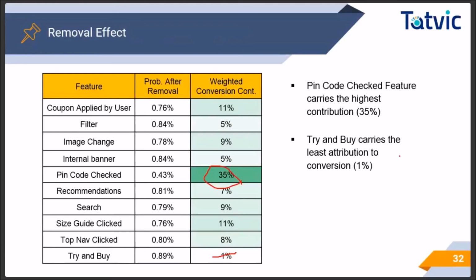If the buy function actually fails at the offline visit, then they're actually losing money on that, right? So if I'm a product manager, I would not be much concerned about the try and buy feature, because I might lose only 1% of the conversion, but I'm still happy with 99% weighted contribution of all the other features.